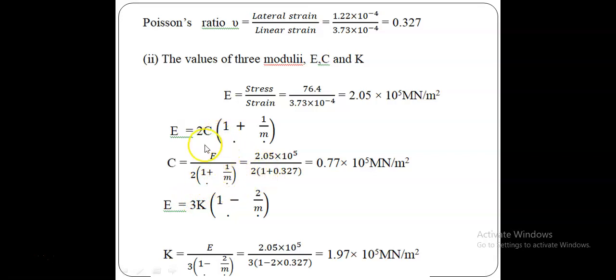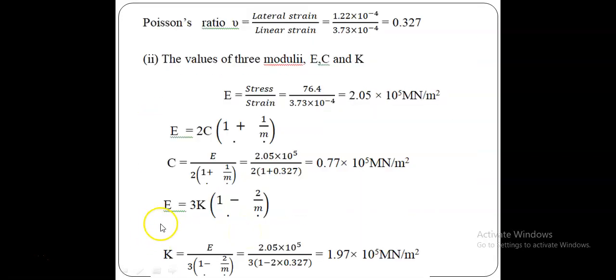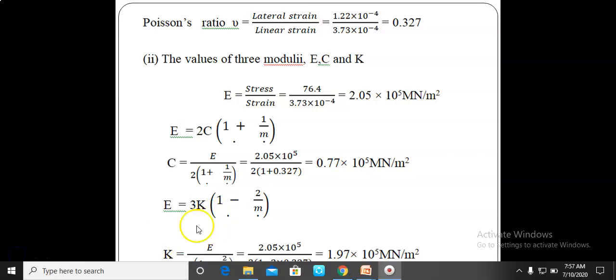Let us substitute all these values and we can find the value of C. Another one is E equal to 3k into 1 minus 2 nu, or 1 minus 2 by m, and from this we can find k.